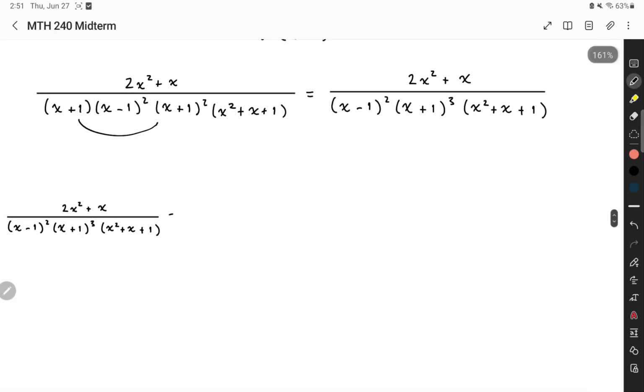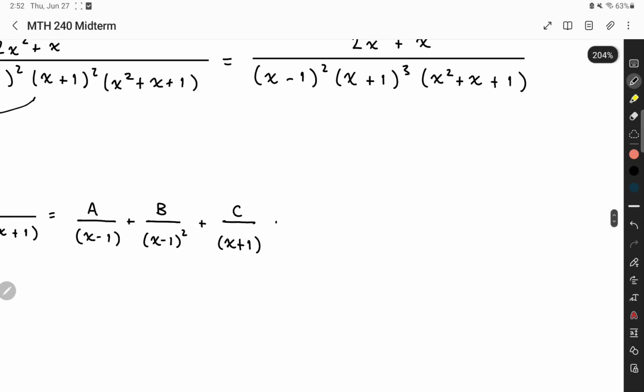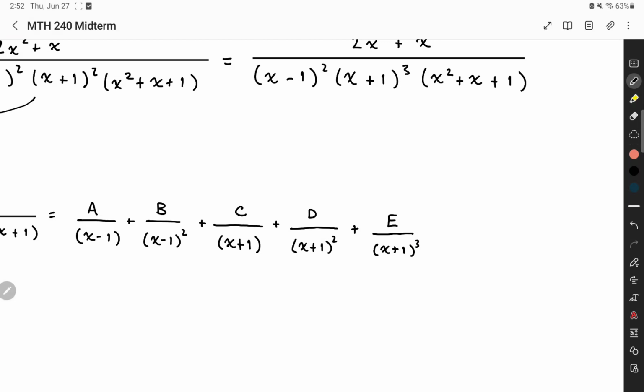So first, it is going to be equal to A over x minus 1, plus B over x minus 1 squared, plus C over x plus 1, and we're going to have to do this 2 more times, plus D over x plus 1 squared, sorry, let me just rewrite that nicer, plus E over x plus 1 cubed.